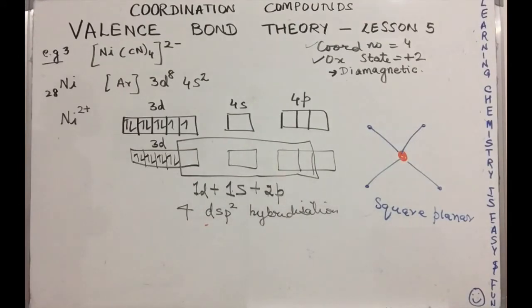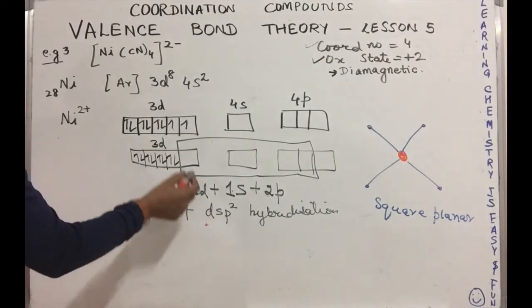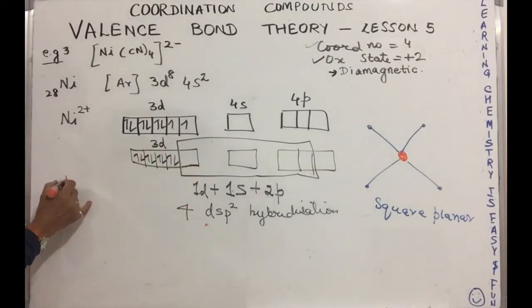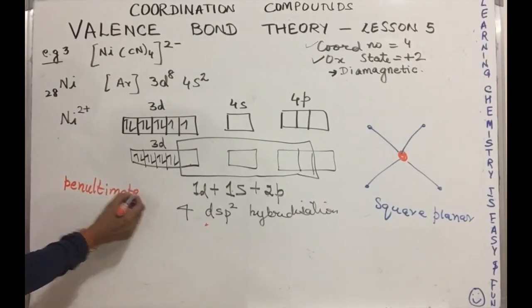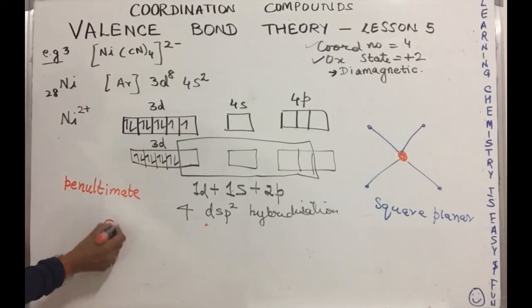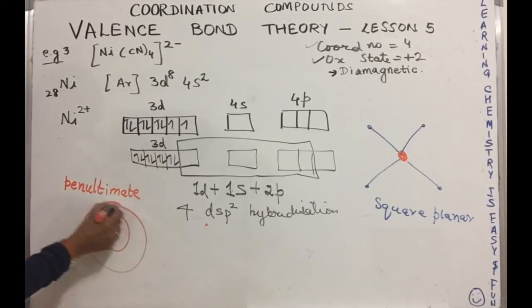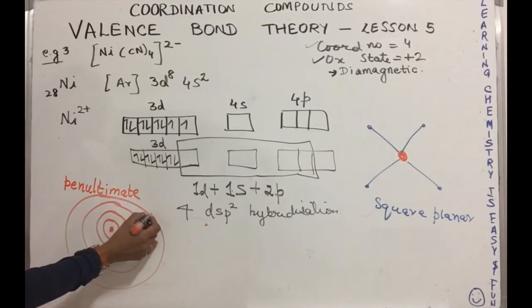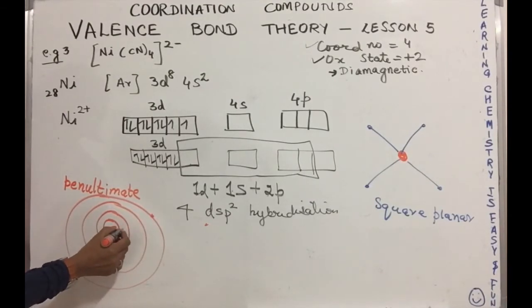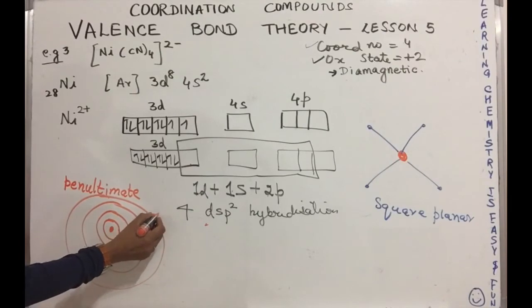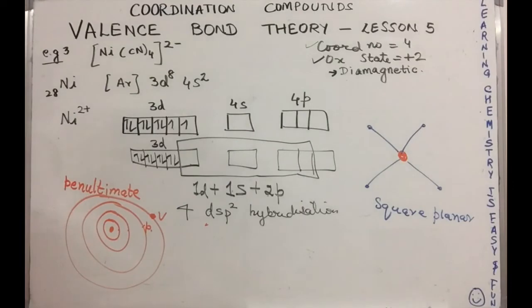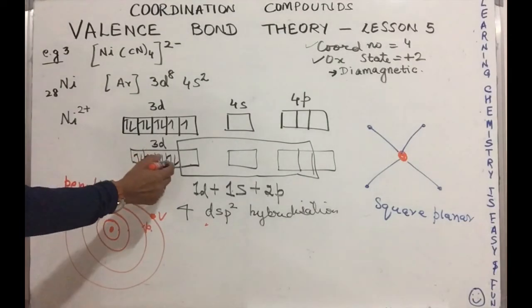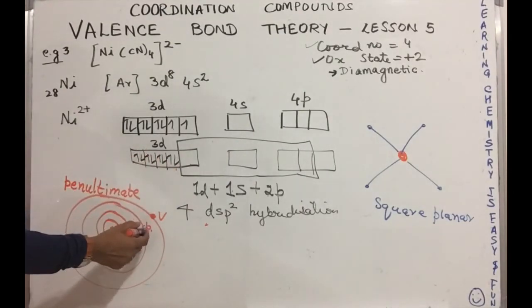Now here, I am going to introduce something new. We are involving the d orbital of the penultimate shell. What is the penultimate shell? You have this atom. Simplified version, let's suppose its valence shell is the fourth one: 1, 2, 3, 4. This is the valence shell. One inner to the valence shell is what we call the penultimate. We are involving the d electrons from the penultimate shell.